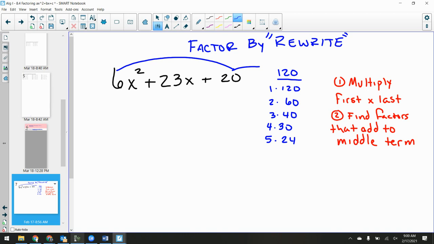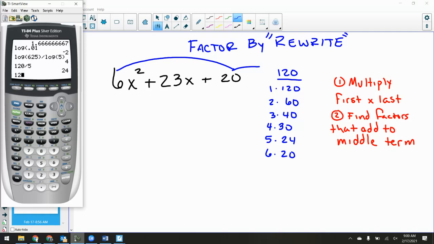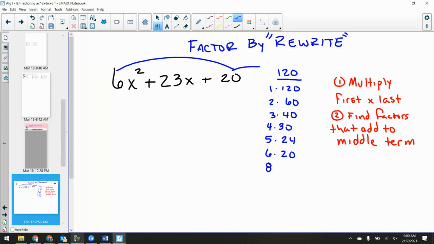Maybe 6. I'm getting closer to 23. Is 120 divisible by 7? Let's check. No. Is 120 divisible by 8? Yes, sir. I'm starting to think this one might be prime, but wait. Bingo. Does that work? Yes.